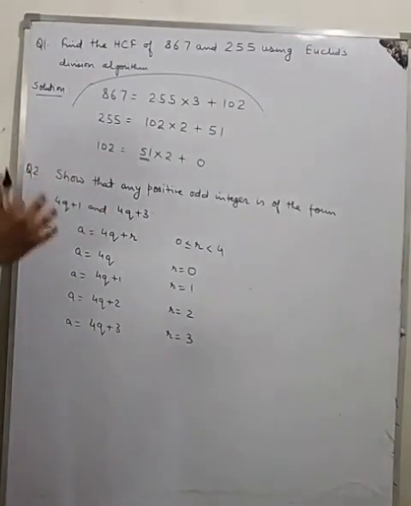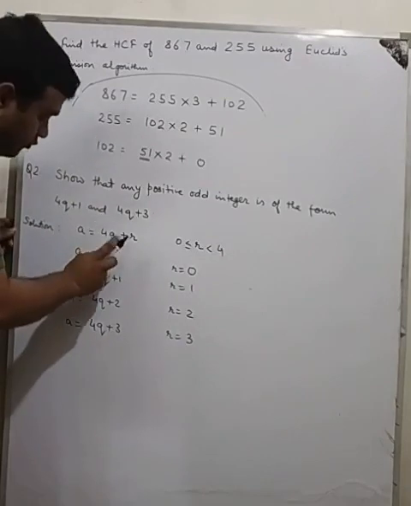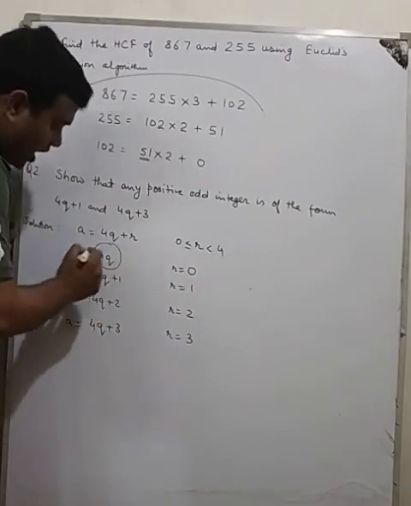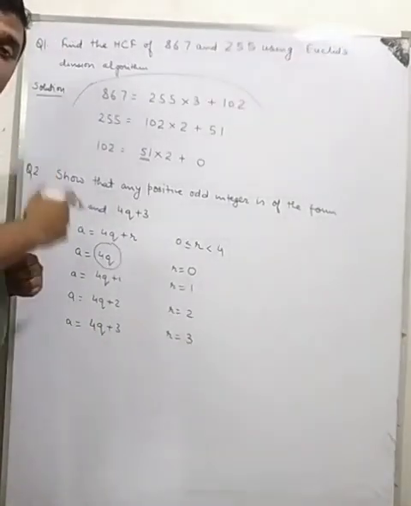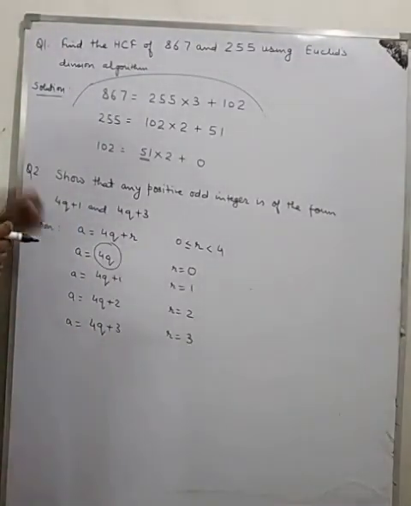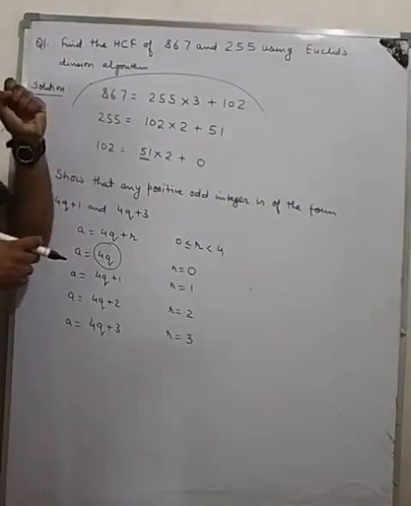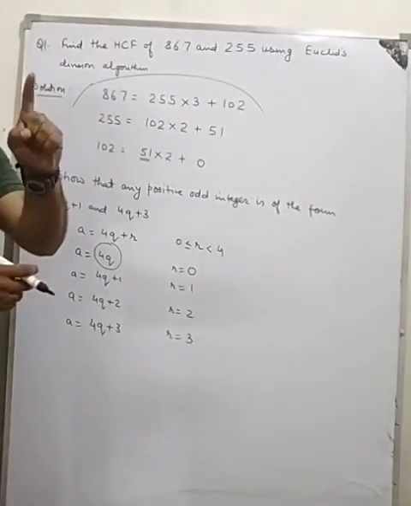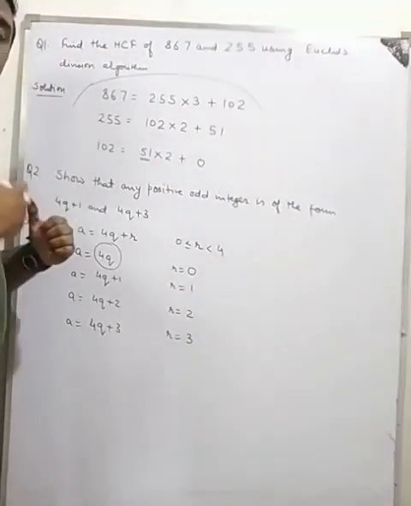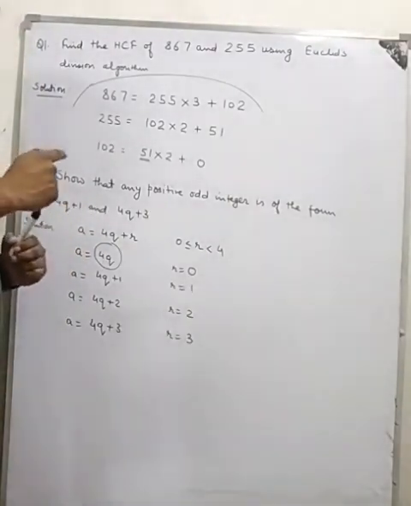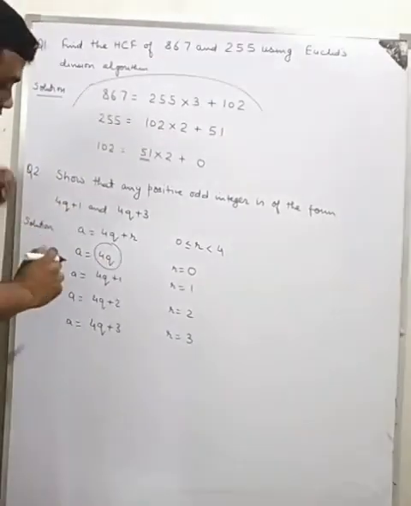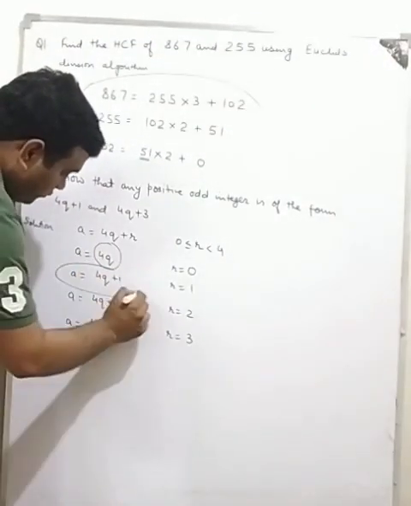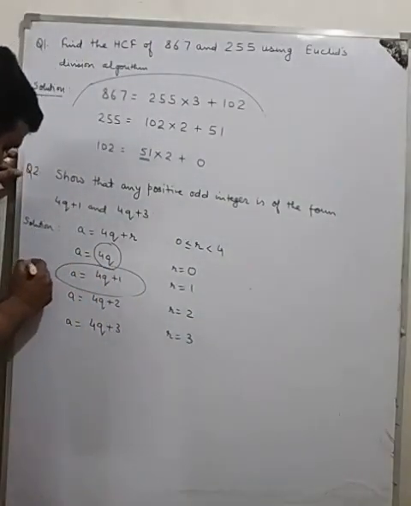We can clearly see that this 4q is an even number. Now, when we add 1 to any even number, it will give us the next odd number. So, 4q plus 1 will be odd.